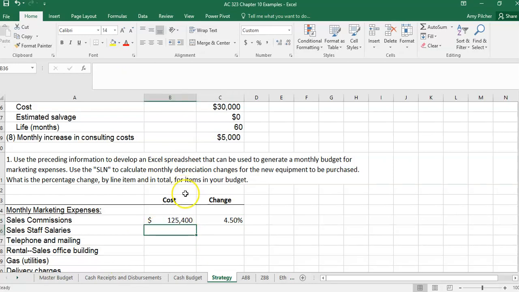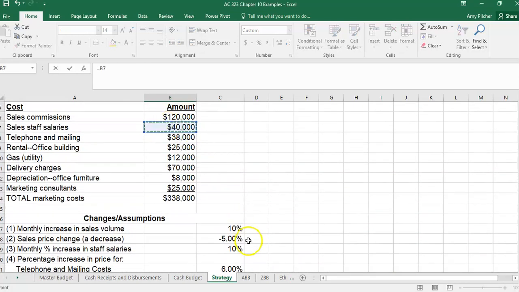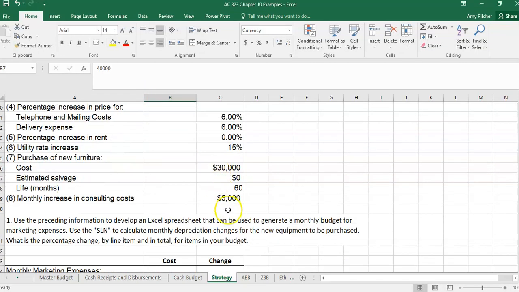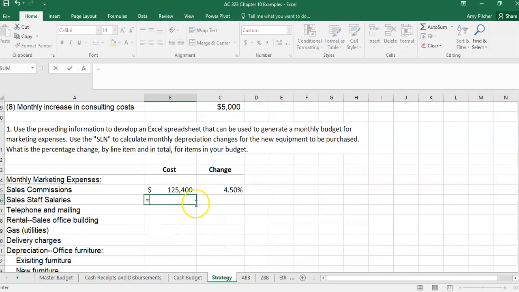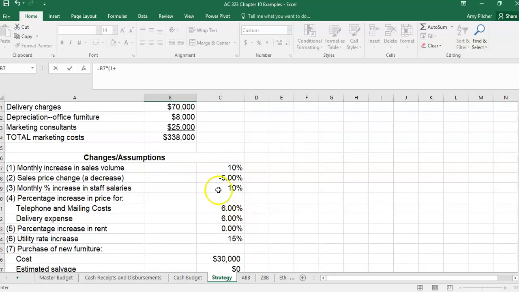So sales staff salaries, we have our original sales staff salaries times one plus our monthly increase in staff salaries.